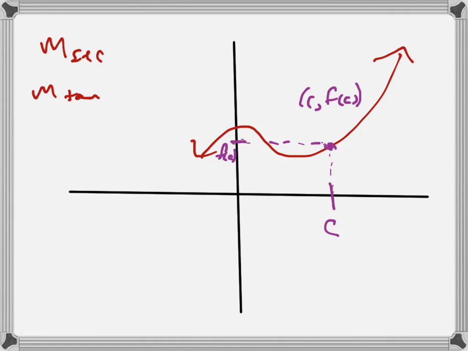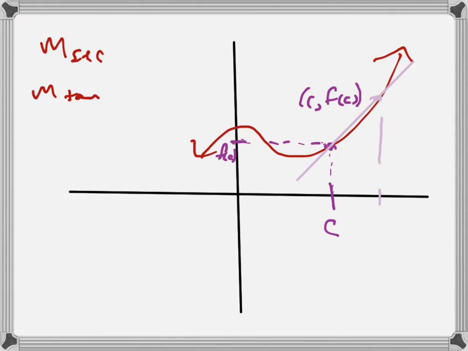For a secant line, I would take all these different points, and I would make a secant line with those 2 points. That's a secant line.